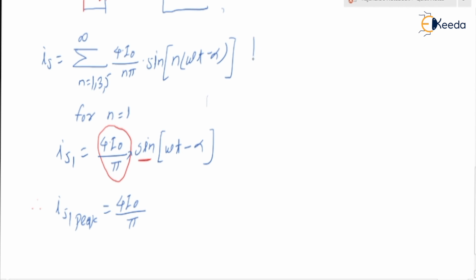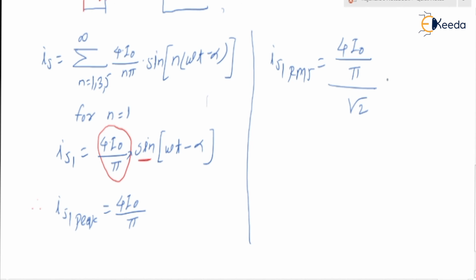So is1 RMS, the RMS value of the fundamental component of the source current, is 4 into I0 divided by pi, this whole divided by root 2.